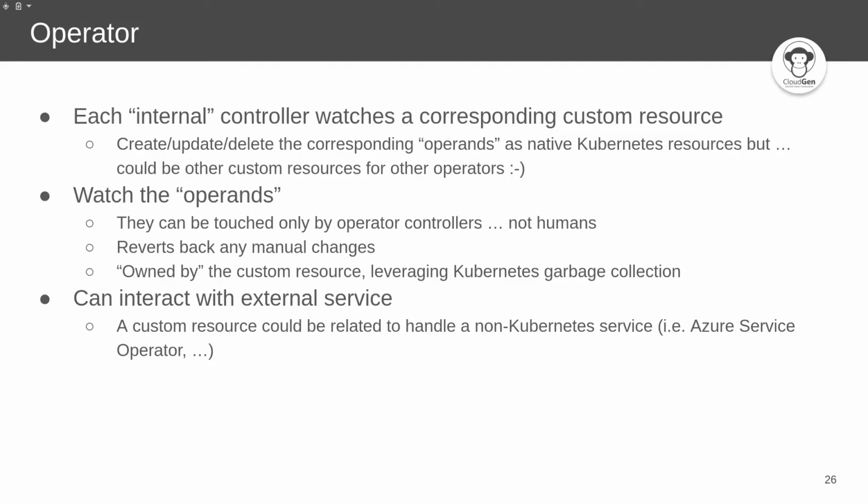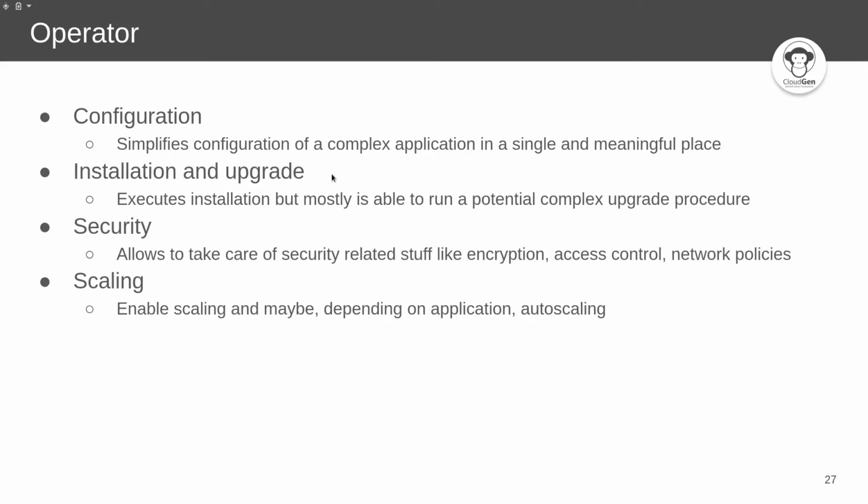As I mentioned, it's not just about operands as Kubernetes resources, but they can even be external services, like, for example, the Azure Service Operator, which watches for a custom resource describing an Azure service and then contacts the corresponding Azure service in the cloud to do some work.